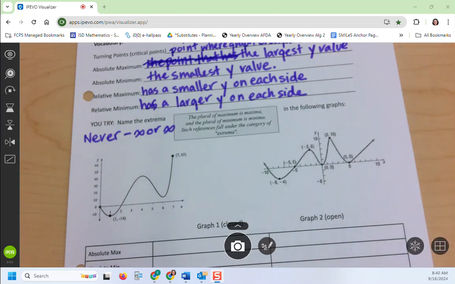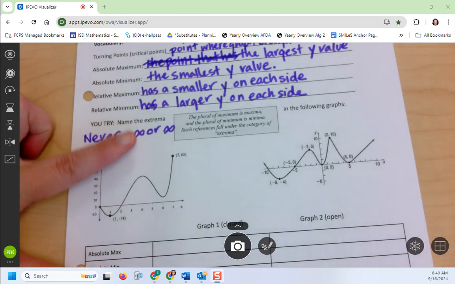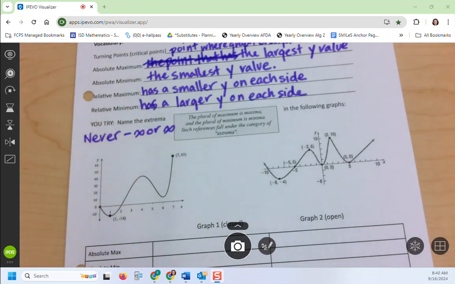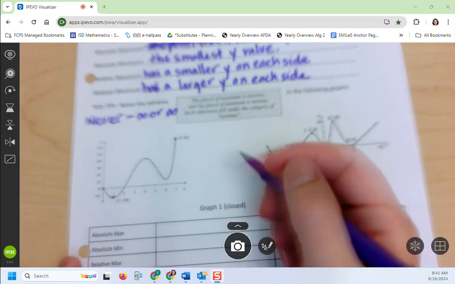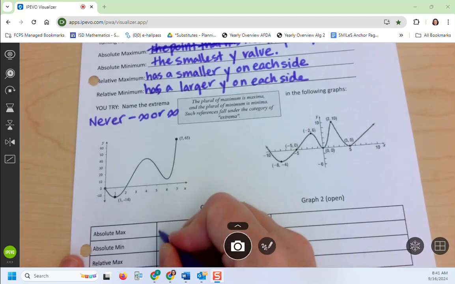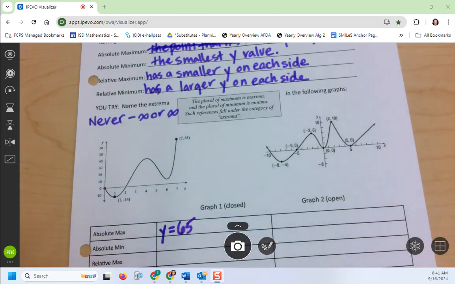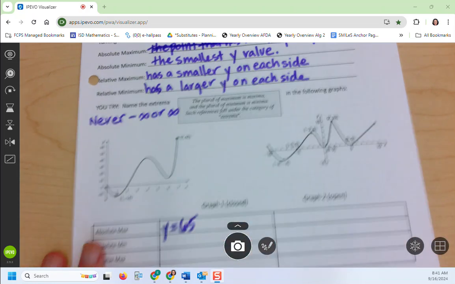Okay, absolute maximum. What is the largest y value on the whole graph? 65, good. 65 is the largest y value on the whole graph. So I'm going to write it this way. y equals 65. That's the largest y value. Sometimes a question will only ask you to identify that.